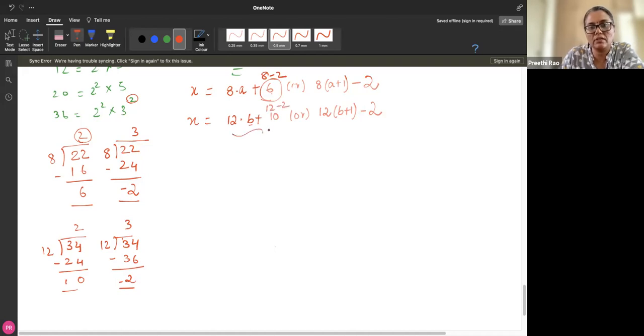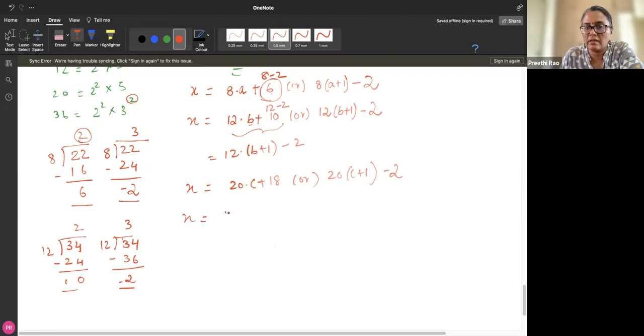So I can write x as 20 times c plus remainder 18, or 20 times c plus 1 minus 2.